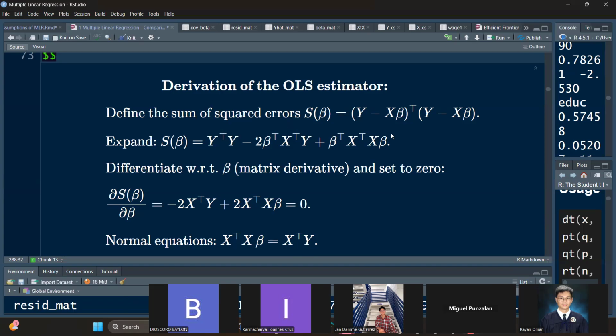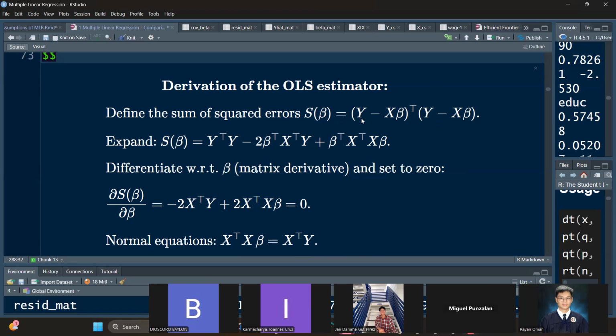So what we can do is multiply y minus Xβ and y minus Xβ. However, since we're dealing with matrices, y minus Xβ times y minus Xβ will not work because of the nonconformity of the dimensions. So we have to get the transpose of the first matrix so that these are multiplicable.